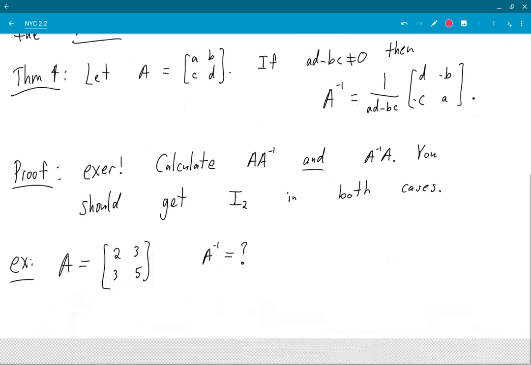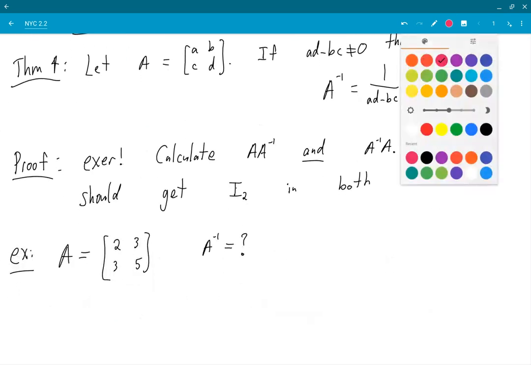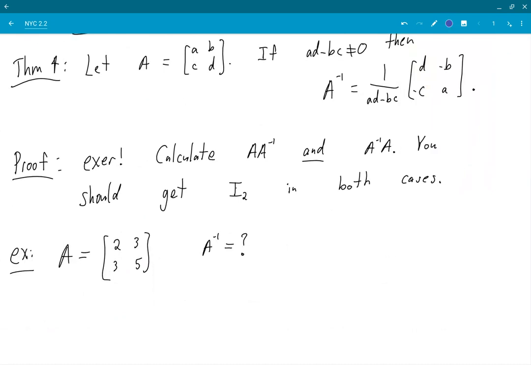Example, just using this formula. Okay, A inverse is 1 over AD minus BC, all over D, minus B, minus C, A. So what happens? The 2 and the 5 switch positions, and these guys change sign.